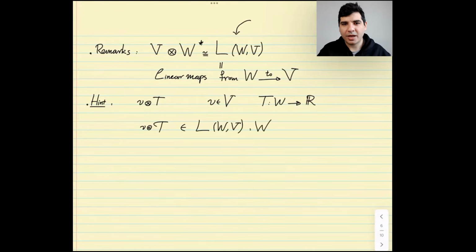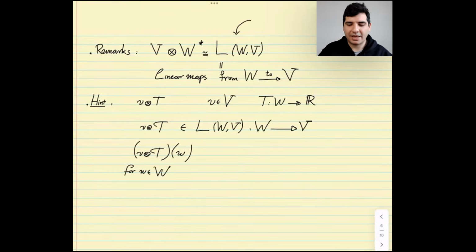It uniquely can be understood as a linear map from W to V. It means if you give me a vector in W, denoted by the small w, I can define a vector in V to be the output of this function, right?